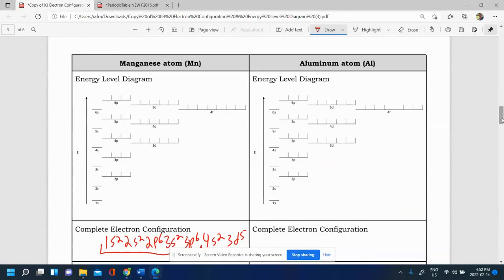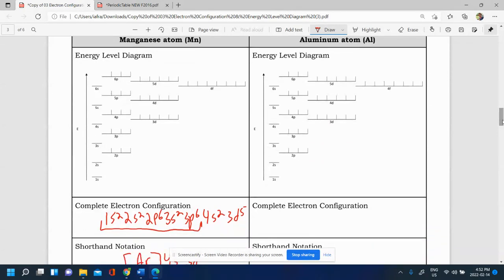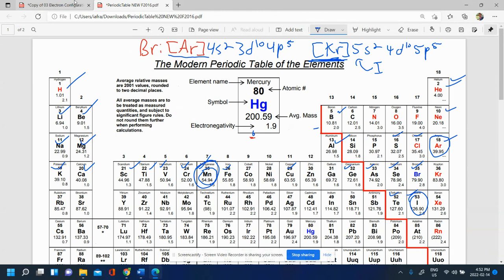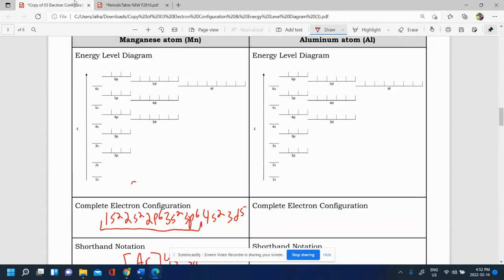Now we're going to try to make the energy level diagram for it, and we're just going to fill up the correct number of electrons for manganese using our electron configuration. They should match. So manganese has how many electrons? It has 25 electrons. Starting here, 1, 2, 3, 4. Then one at a time, 5, 6, 7, 8, 9, 10. Then 11, 12.